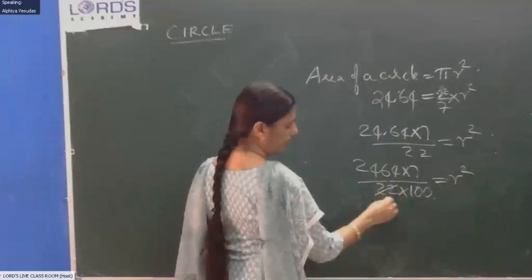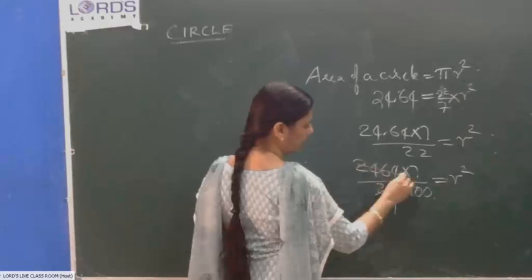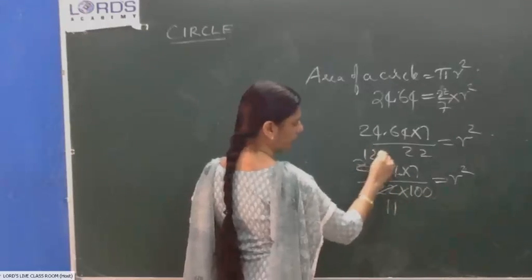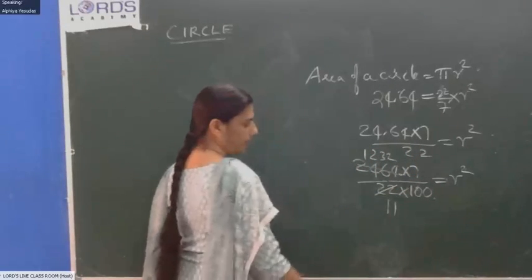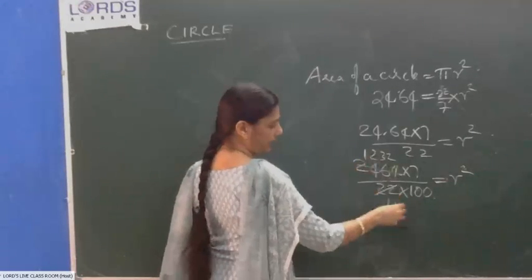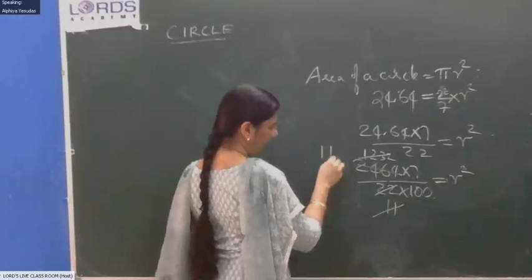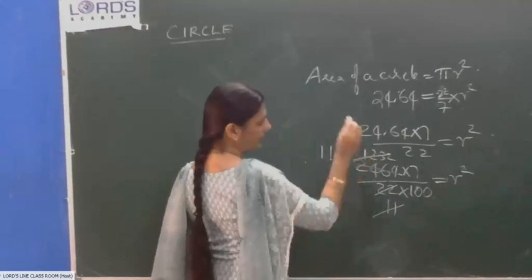Now 22, 11. 11 twos are 22. Most probably 11 will go in this. 1 11s are 11, 2 11s are 22.